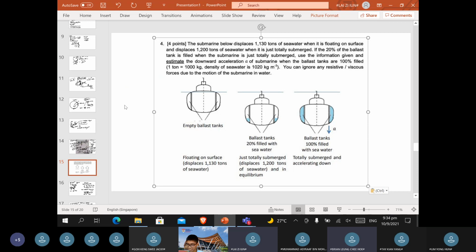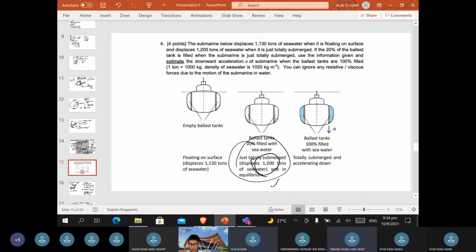Then I tried to find the buoyant force, which is taken by the density of the seawater, which is 1,020, multiplied by the volume of the seawater displaced, which I believe will be the same as the volume of the submarine. Wait, how come?